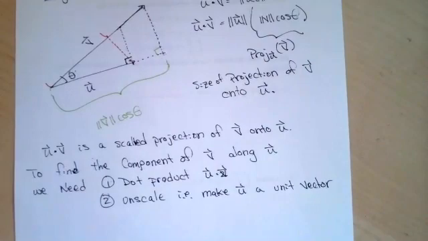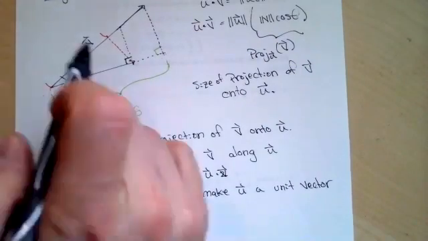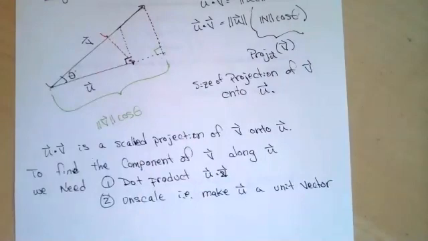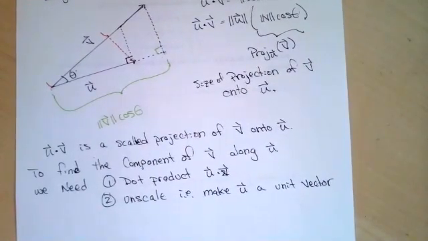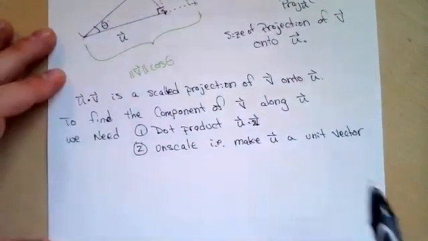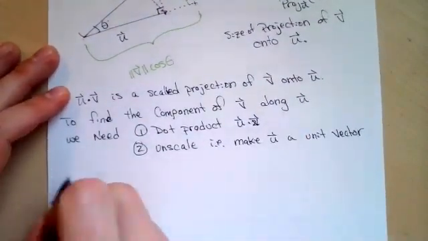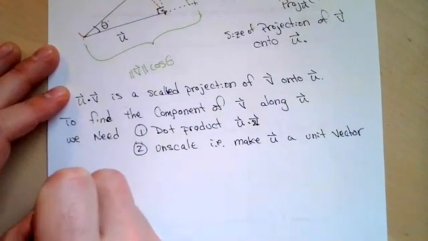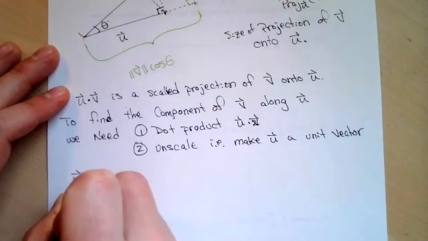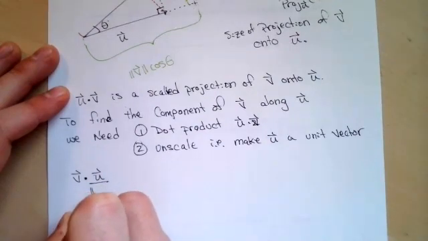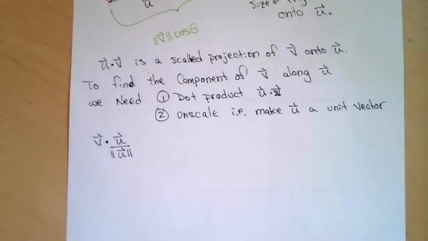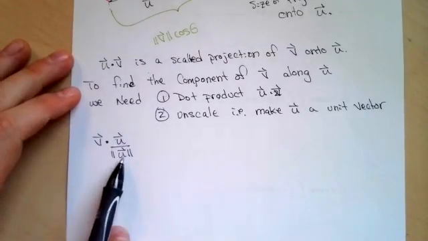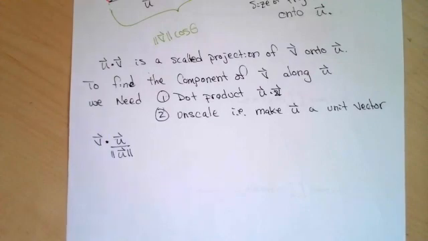If we want to project v onto u, we would want to make u a unit vector. So in other words, if we take v dot u over its norm, so if I take a vector and divide by its length, that gives us a unit vector in the same direction as the given vector.